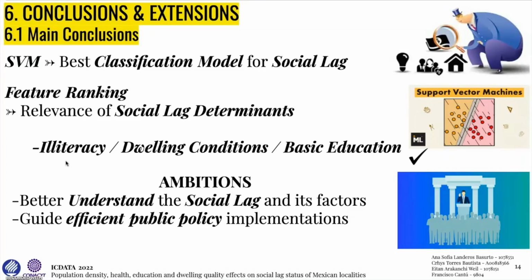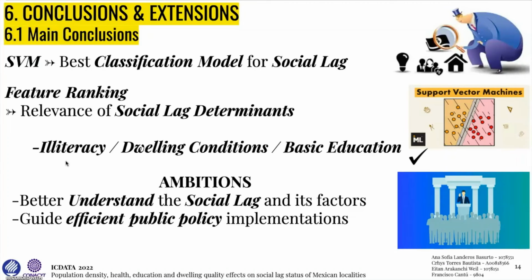Locality population and population without access to health services were the only two parameters that presented a low weight coefficient, meaning that for this linear SVM model, these two parameters are not necessary, and it is a good classifier by only using the other 10 determinants.